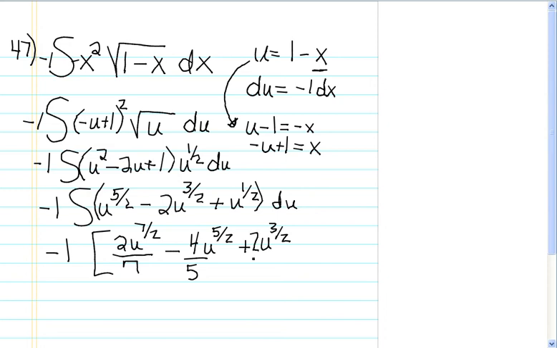Now, division by 3/2 is the same as multiplying by 2/3, so that's what we have for our antiderivative.